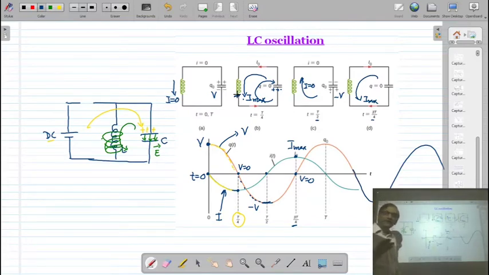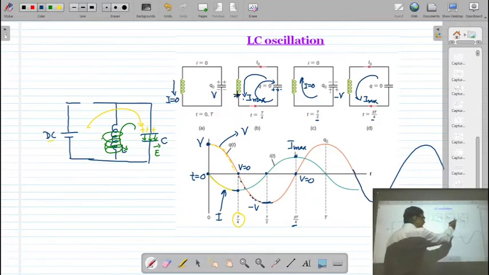This energy will be dissipated in the form of heat. So the amplitude of the voltage or the amplitude of the current is going to decrease because the energy is dissipated. So next time whenever the capacitor is charged, the amplitude will not be the same.